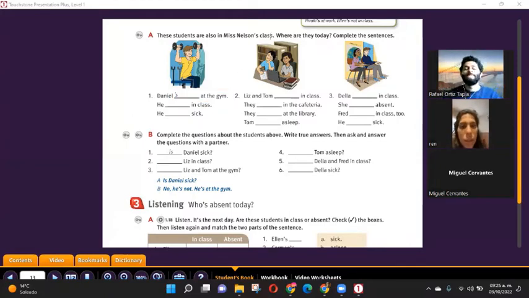At the gym. Okay, number 2: he's in class. Exactly. He's sick. Lizzie and Tom, they are in class? Okay, they are, but you don't have to use "they" in that case because you already have Liz and Tom.